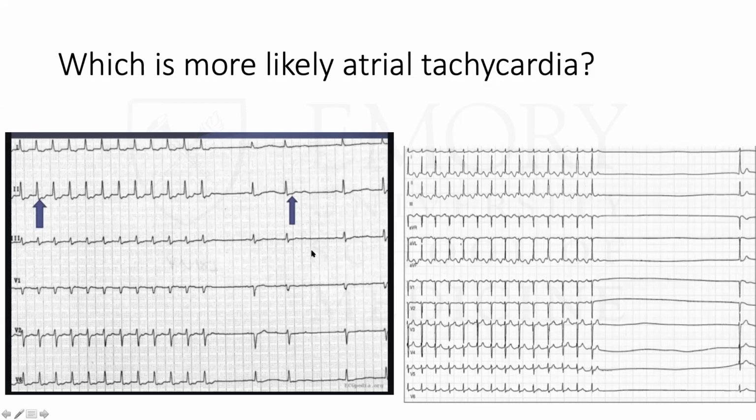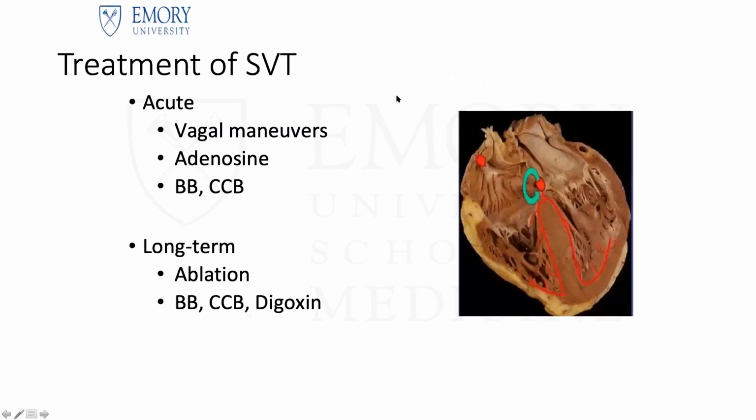Okay, good. All right. So how do we treat SVT? So acutely, vagal maneuvers, which slow conduction through the AV node, and AVRT and AVNRT both rely on the AV node to persist. So if you slow down that connection, you can terminate the tachycardia. So vagal maneuvers, adenosine, and then you can give beta blocker and calcium channel blocker.